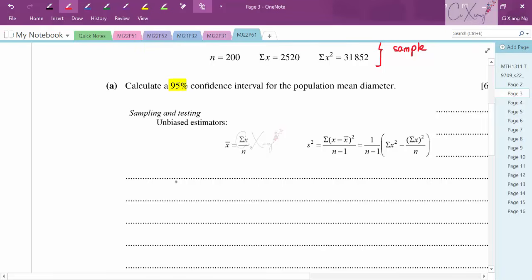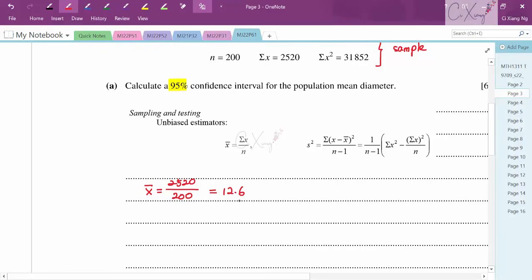To get the mean, it is summation x over n. So we use x bar equals summation x, which is 2520, divided by n, and our n here will be 200. Very easily, I already get the unbiased estimate for the population mean, which is 12.6.